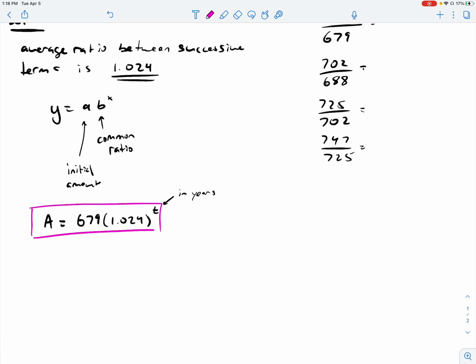Okay, so I'm just going to summarize real quick. Find the average of the ratios between successive terms. Then I'll say this is the B value.